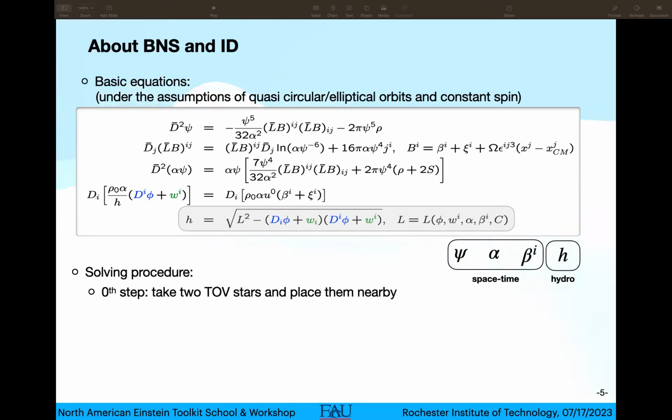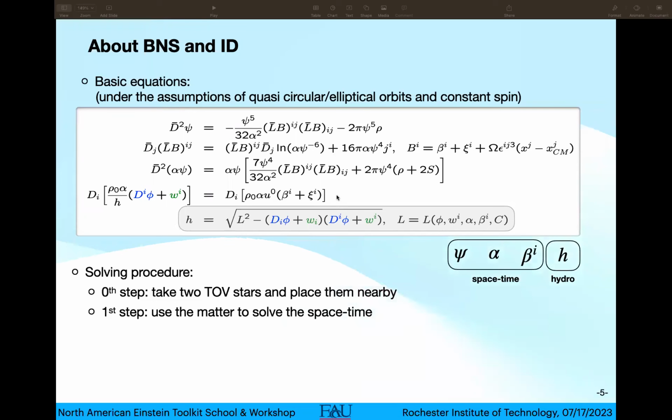So let's take these 2 TOV stars and ask general relativity what kind of fields fit this matter distribution. In step 1, we solve this set of equations using just a very artificially introduced matter distribution, which we basically placed there.